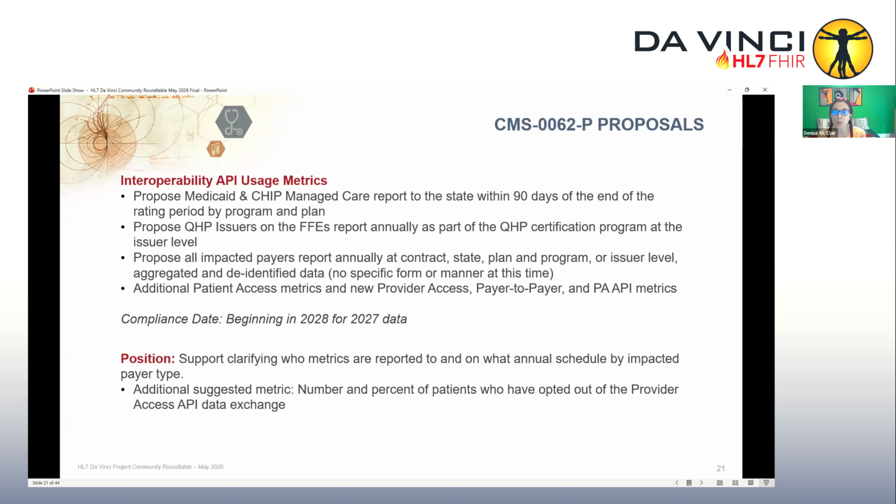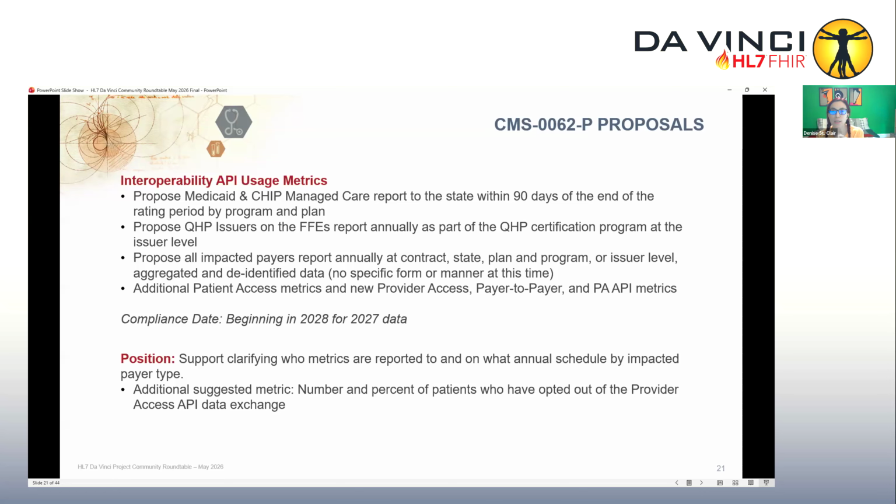For QHP issuers on the FFEs, report annually as part of their QHP certification program at the issuer level. And they're proposing that all impacted payers report annually at the contract level, state, plan, and program, or issuer level, depending on plan type.